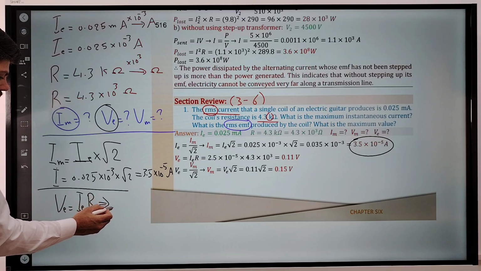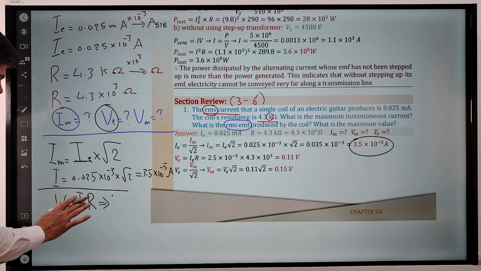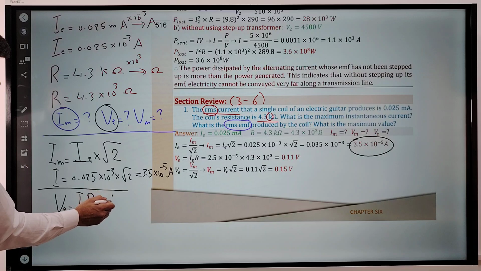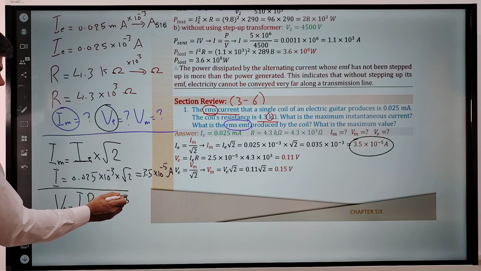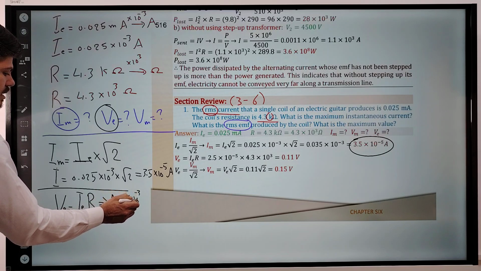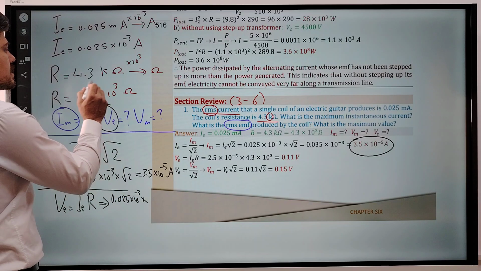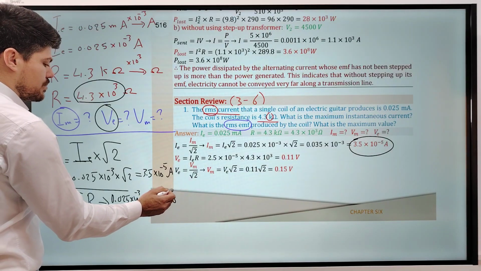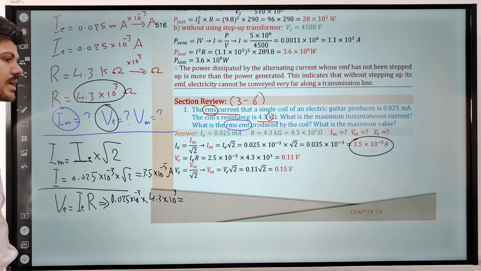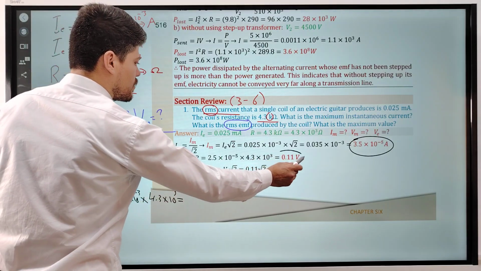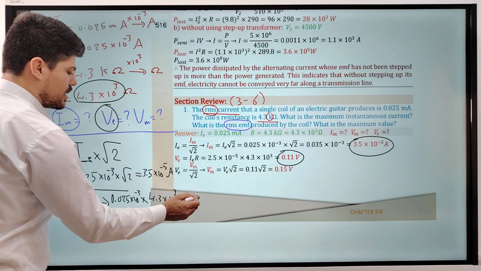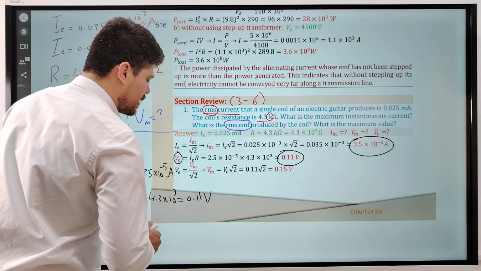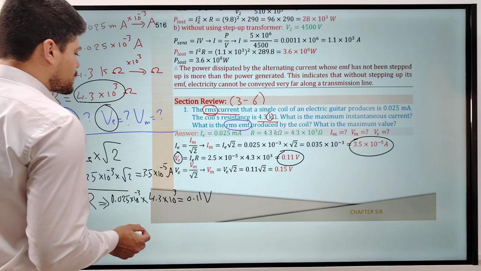Do we have I effective? Yes. 0.025 times 10 power negative 3 times the resistance, 4.3 times 10 power 3. So the effective value of potential difference is equal to 0.11 volt.